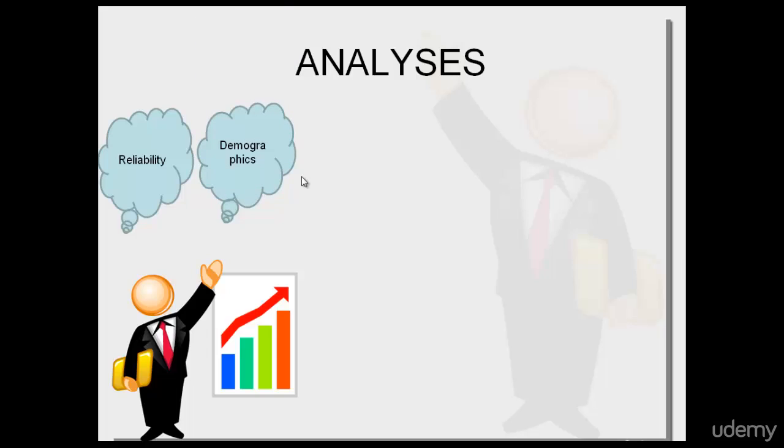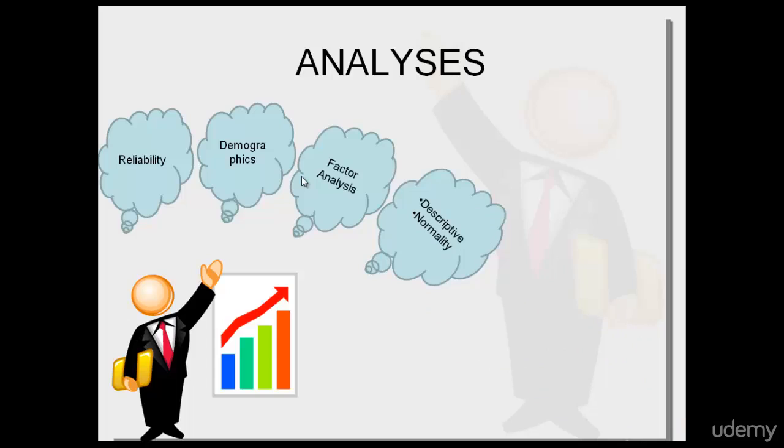Next, demographics, then factor analysis, then descriptive and normality analysis, and after this correlation, and then regression. These are some of the analyses that we're going to perform in SPSS, and I'll let you know about each in its section, by its introduction first and then its performance in SPSS. So let's begin.